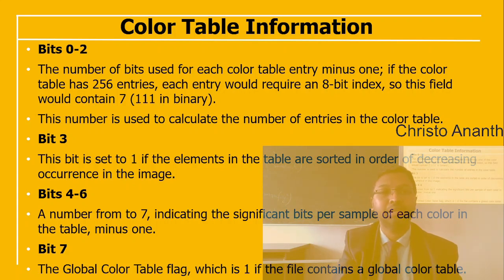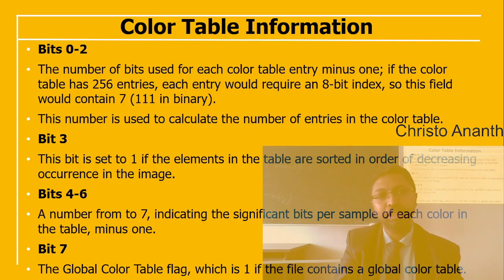So if the color table has 256 entries, every entry requires an 8-bit index, so the field will contain only 7. In binary, 7 is 1, 1, 1. This number is used to calculate the number of entries in the color table.